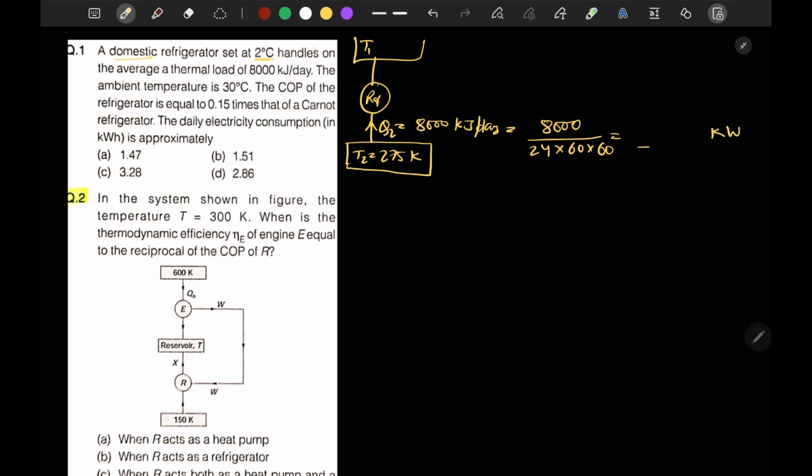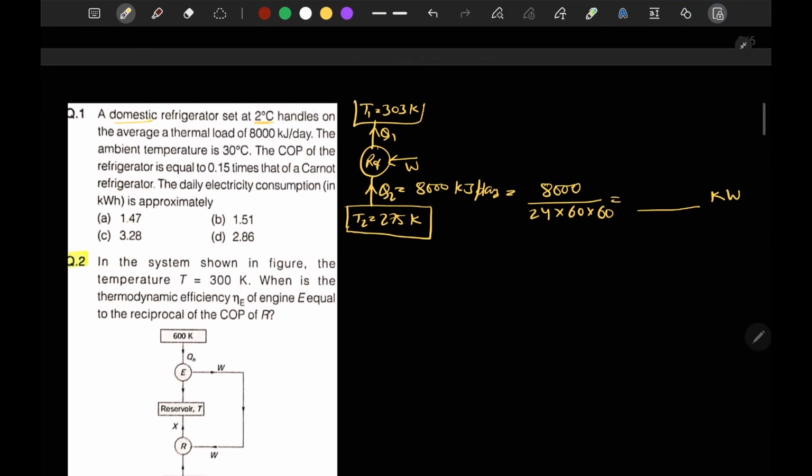Now what else is given? The ambient temperature is 30 degrees Celsius, so T1 is equal to 303 Kelvin. The COP of the refrigerator is given. Of course there is some work input, and this heat will be Q1.